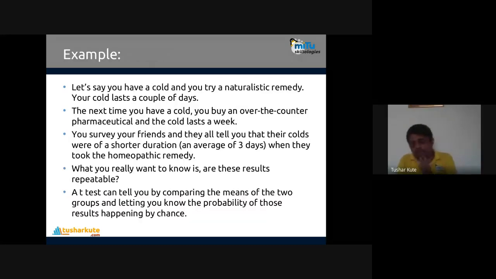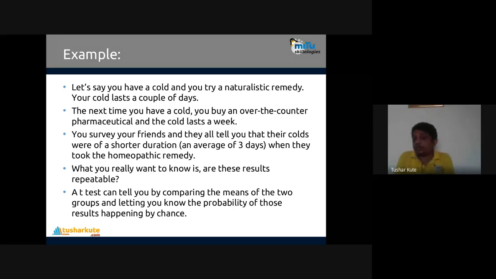Now let's go with a simple example, and then we'll put it in programmatic format. Let's try to understand what we mean by the Student's t-test. Let's say you have a cold and you try a naturalistic remedy. The cold lasts a couple of days. Next time you have a cold, you buy an over-the-counter pharmaceutical, and the cold lasts a week.